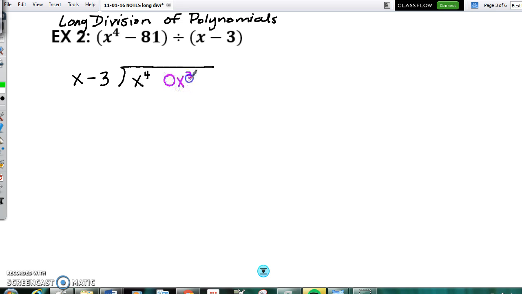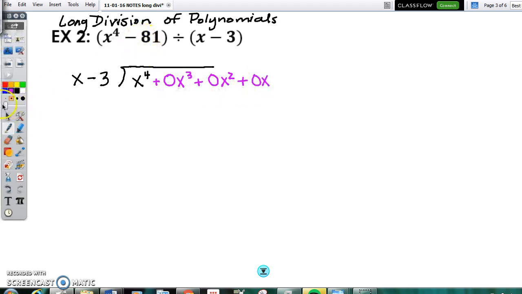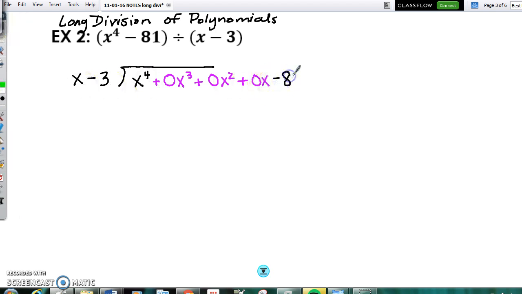I know it sounds crazy, but trust me. We don't have an x squared, so we're going to need a 0 x squared. And there's no plain x, so we need a 0 x. But then we do have our handy dandy negative 81, minus 81.